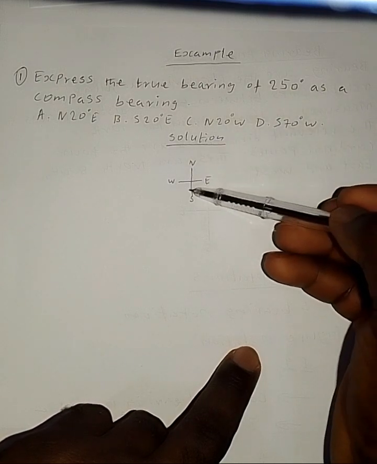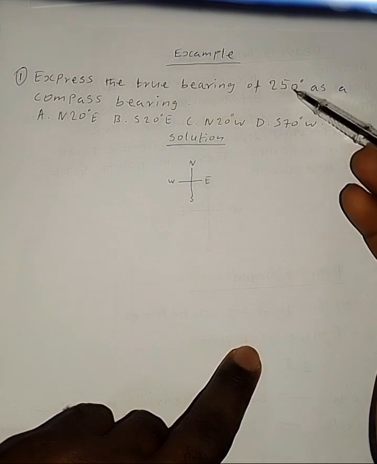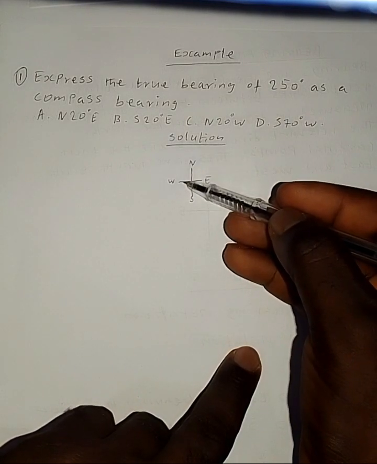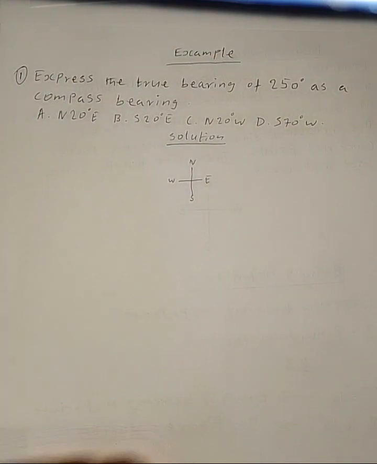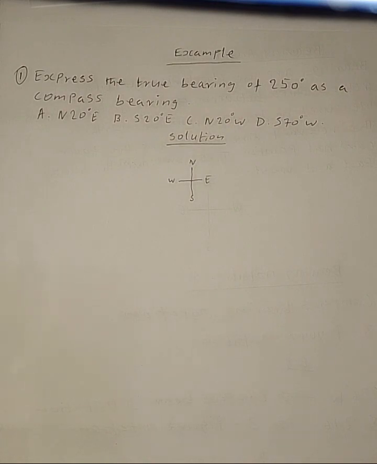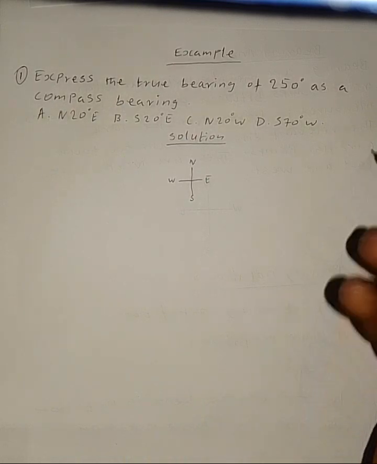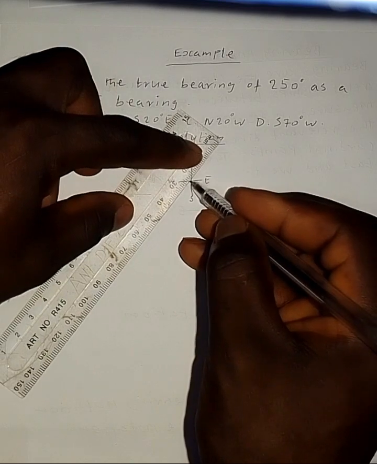Taking another 90 degrees, which is now 180 degrees, it is still smaller than 250. If you take a third 90 degrees, it is 270 degrees, and it is greater than 250 degrees. So 250 degrees will be around this side.